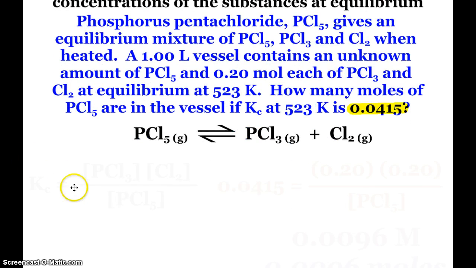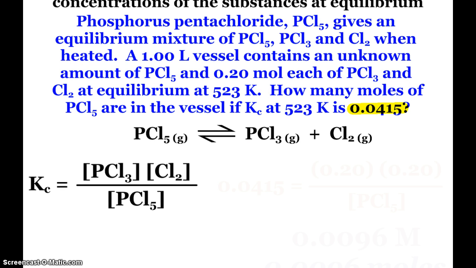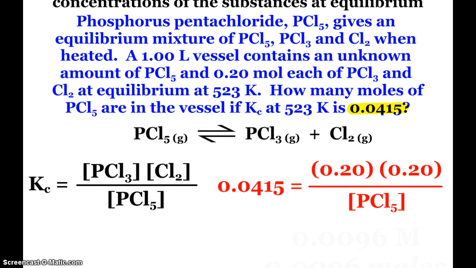So first, set up our expression. So Kc is equal to my products concentration over reactants. And now I can plug in what I do know. I know the Kc value. I know the concentrations of the products. Again, 0.20 moles, but it is a 1 liter vessel. So that is 0.2 molar times 0.2 molar.